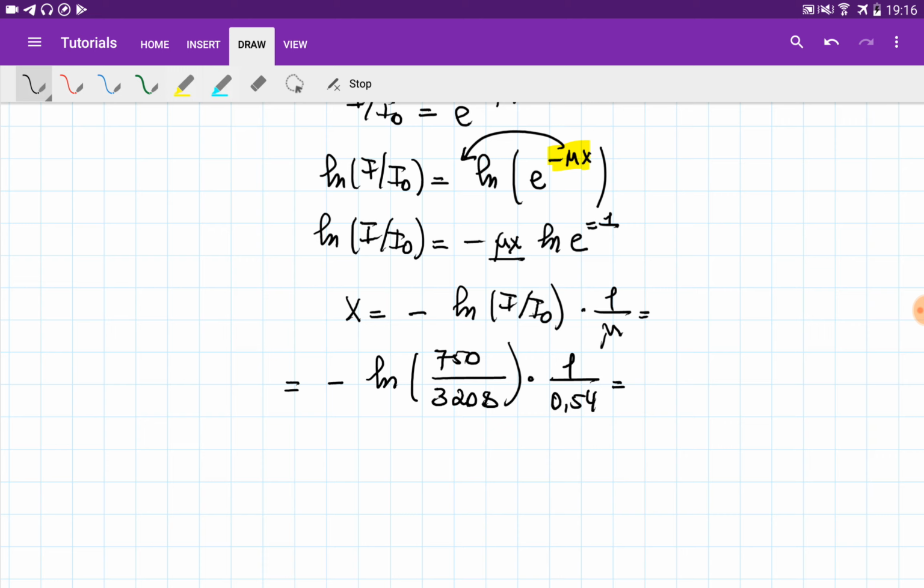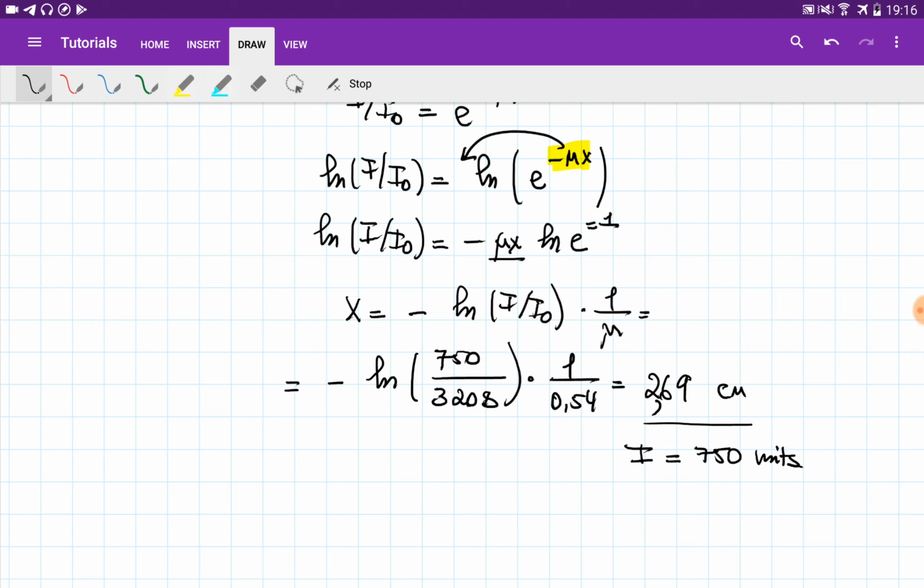It's going to be 2.69 centimeters. So at a thickness of 2.69 centimeters, the intensity is equal to 750 units.